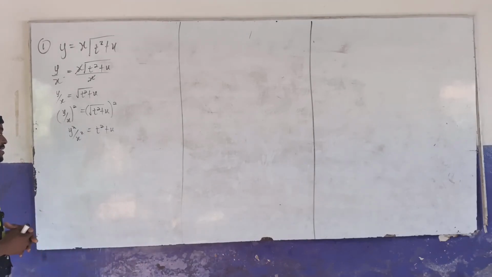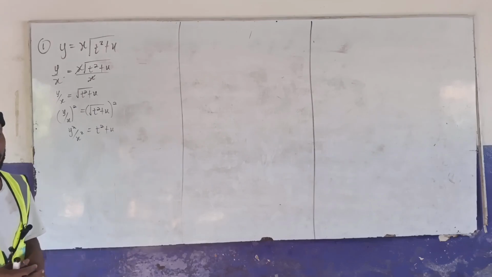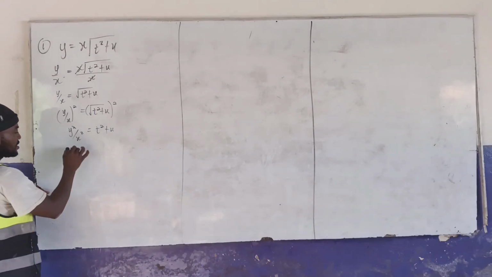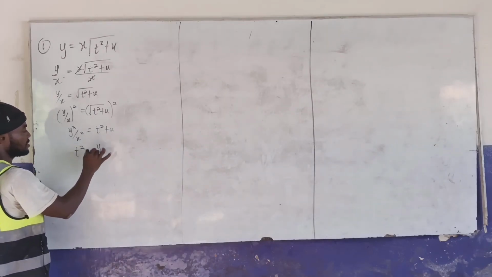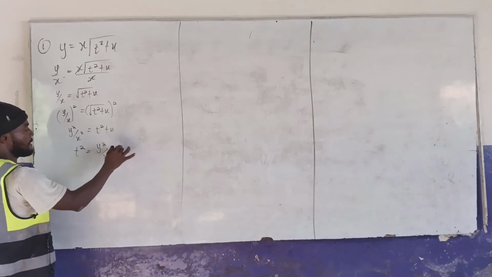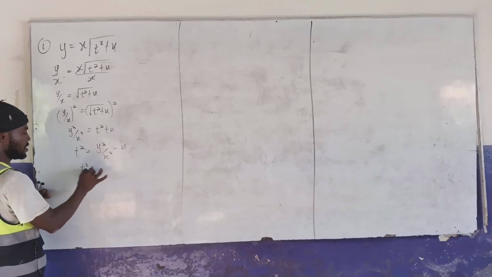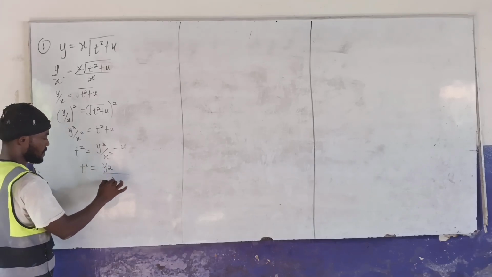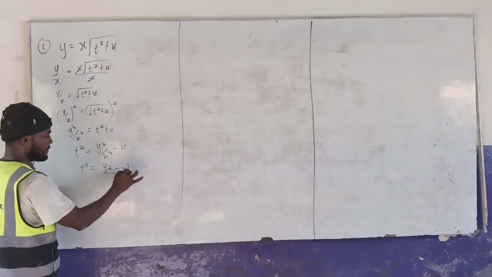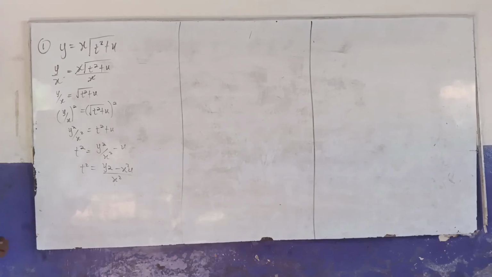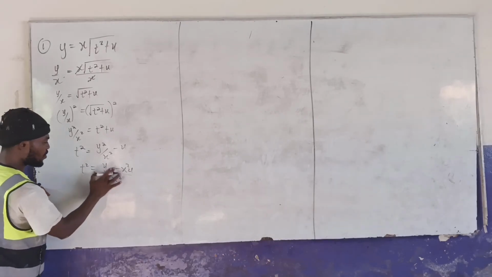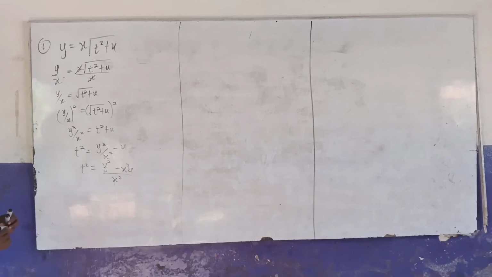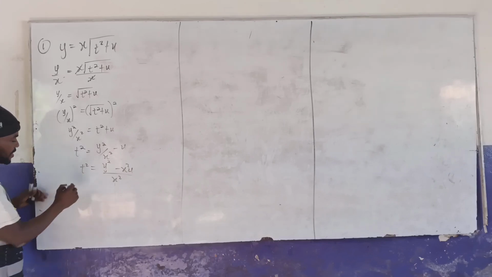And then since we are interested in finding our t, we move the u to the other side. And so we get t squared is equal to y squared minus x squared u over x squared. Since we want to make t the subject, we find the square root of both sides.